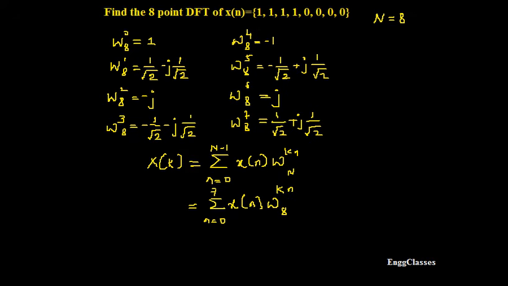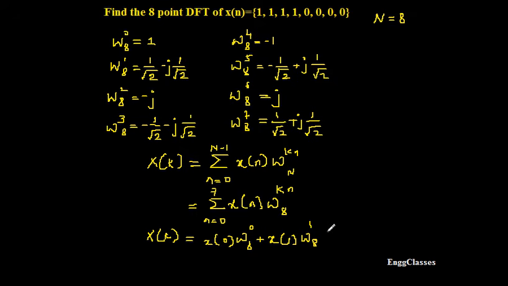So next thing is I need to expand this summation. How do I expand that summation? That can be done using the values. So I'll consider X of k is equal to, first I'll put n equal to 0. I'm going to get x of 0 W8 to the power 0. Similarly, put n equal to 1. I'm going to get x of 1 W8 to the power k into 1, that is k.